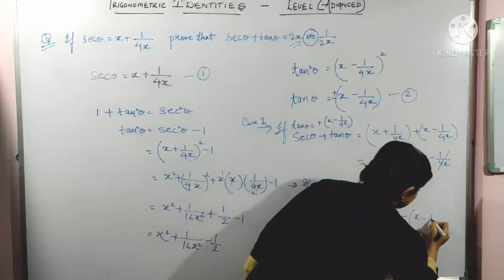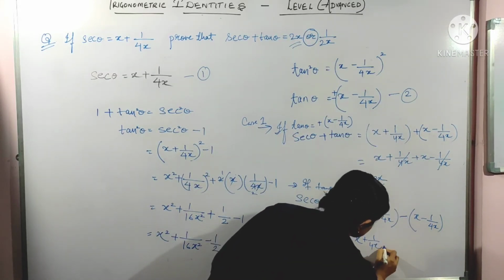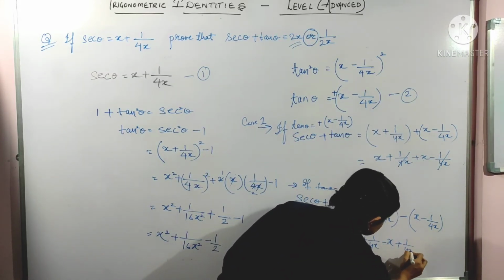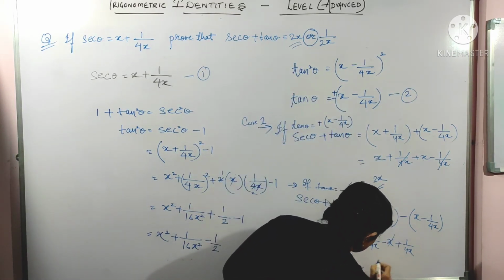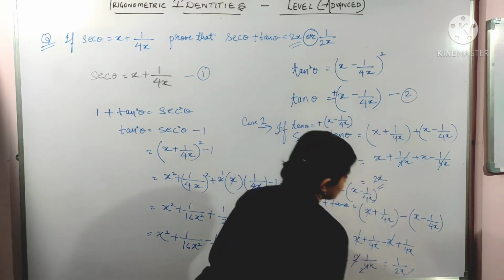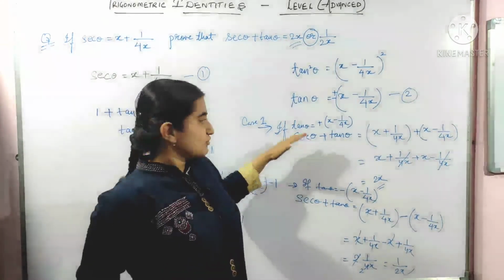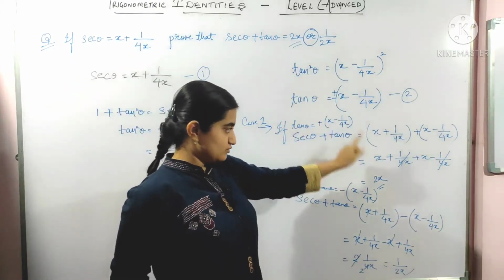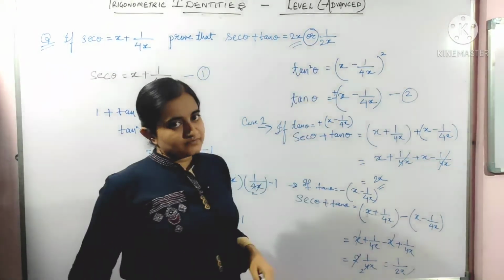So x plus 1 by 4x minus x plus 1 by 4x. These get cancelled, and we get 2 times 1 by 4x, that means 1 by 2x. So students, we got both cases. For the plus sign, we got 2x. For the minus sign, 1 by 2x.